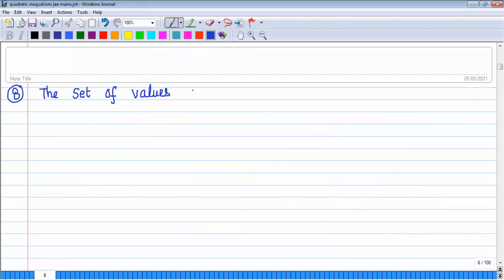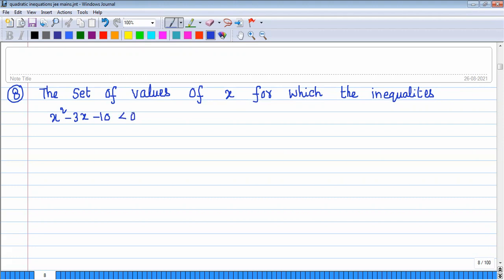The set of values of x for which the inequalities x square minus 3x minus 10 less than 0 and 10x minus x square minus 16 greater than 0 hold simultaneously.